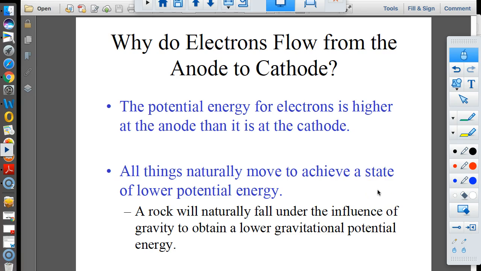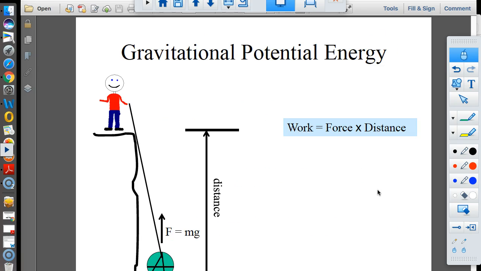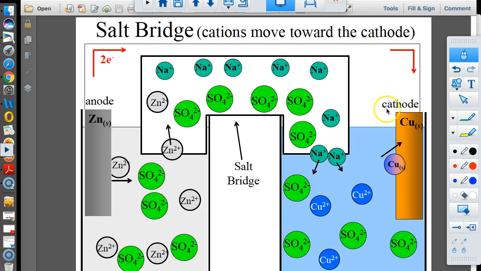Alright, so why do they flow? Electrical potential, that's why. Let me make this easier. These batteries, these galvanic cells, you should call it a galvanic cell, have an amount of voltage.